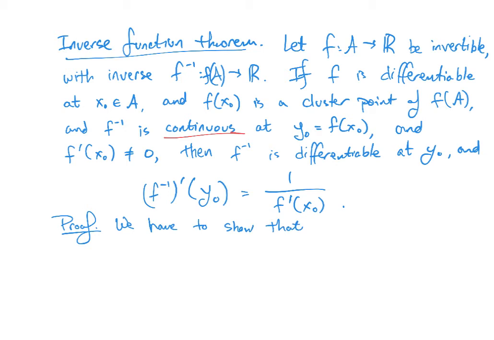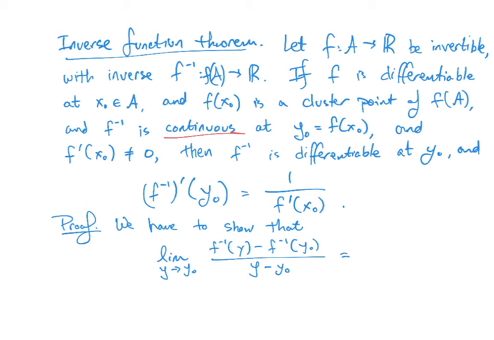Okay. What would be the definition version of the derivative of f inverse? It would be the limit as y goes to y naught of f inverse of y minus f inverse of y naught over y minus y naught.